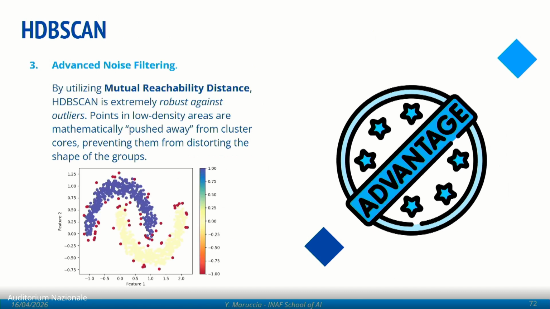And also there is advanced noise filtering, because using the mutual reachability distance makes the HDBSCAN a very robust algorithm, okay?